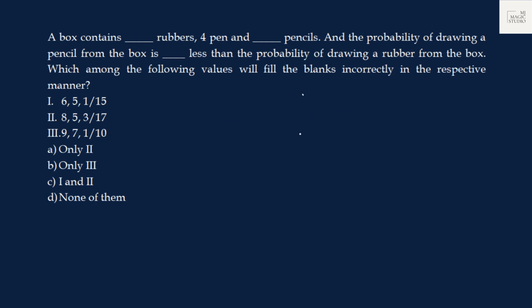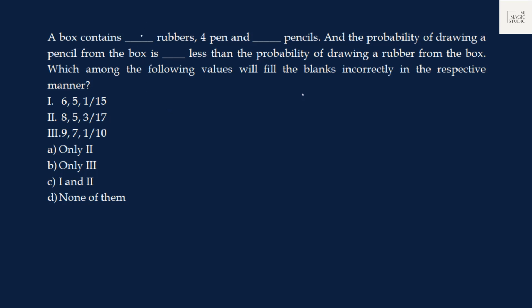TCS Digital questions are unique in themselves. They try to come up with different kinds of aptitude questions, and one of that kind is there on your screen. Fill in the blanks type, and we have seen 2 to 3 questions of this kind they are regularly asking from last 1 year in digital examination.